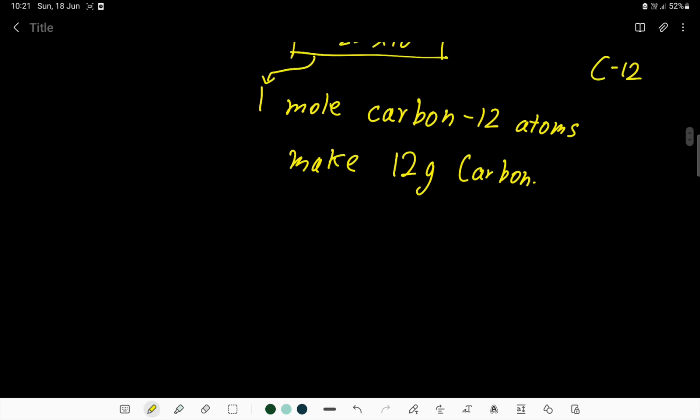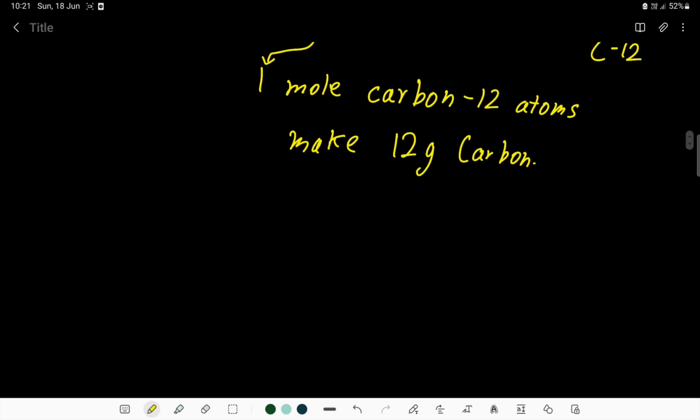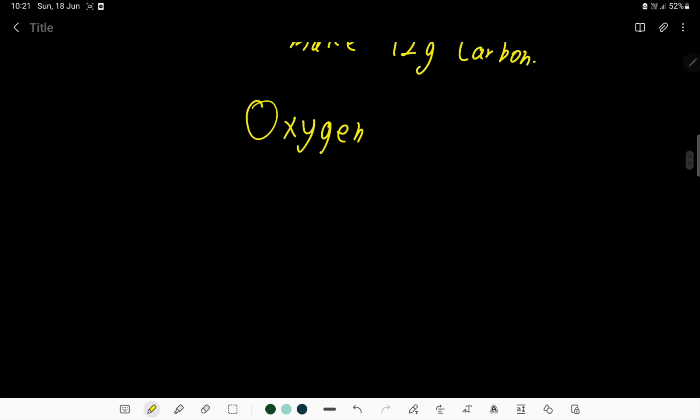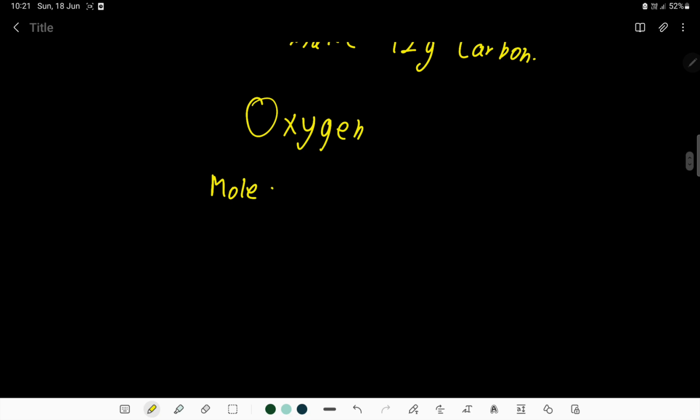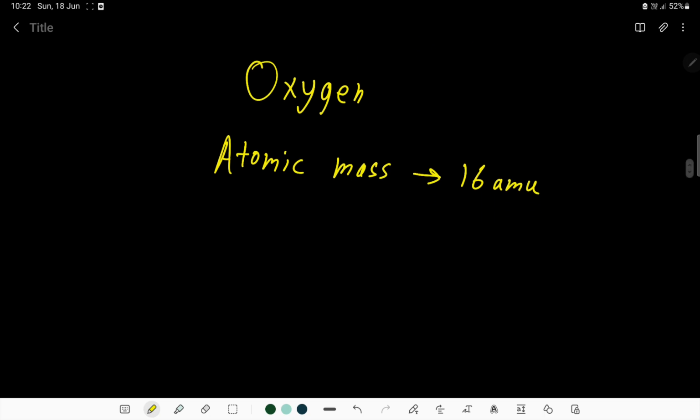What does this mean? Let's understand this by an example. For example, oxygen. Let's consider atomic mass for now. The atomic mass of oxygen is 16 atomic mass units.